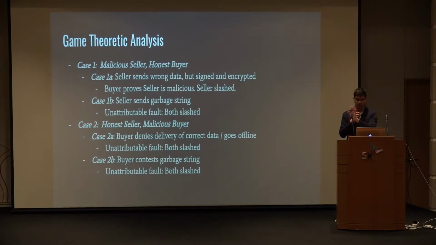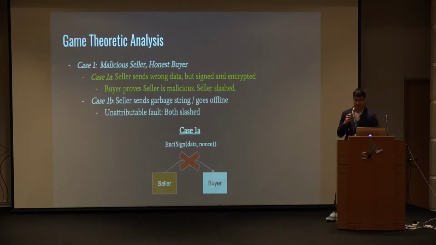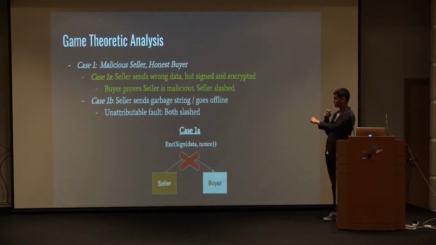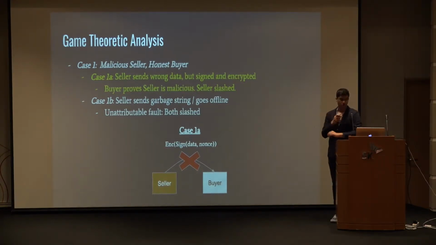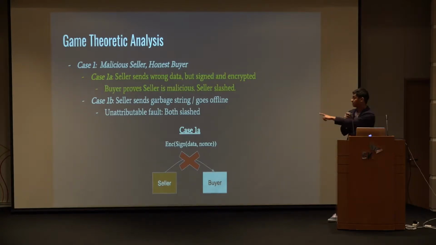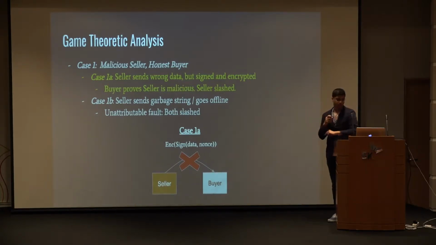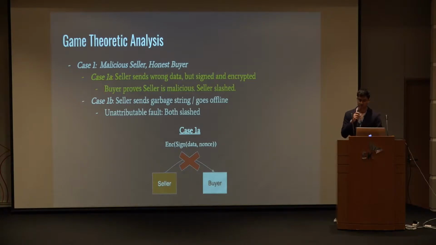So let's look at all the possible outcomes of this game. The first one is that the seller was malicious, but the buyer was honest. And the seller either sends the wrong data, but the data is signed and encrypted, or the seller sends some garbage strings. In the first case, where it sends the wrong data, the buyer can prove that the seller was malicious.